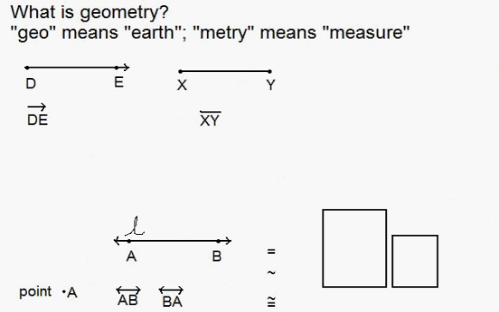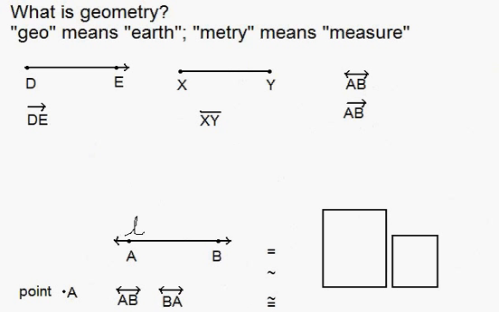Now, when we are talking about representing or naming things, that is called line AB. This is how you would write line segment AB. Ray AB.